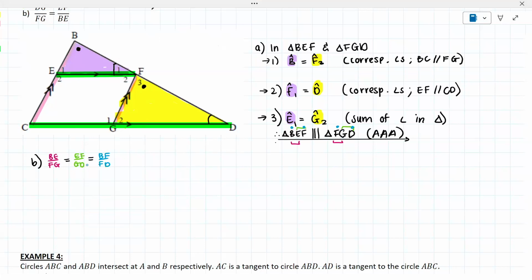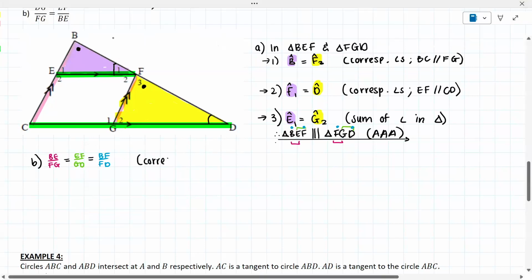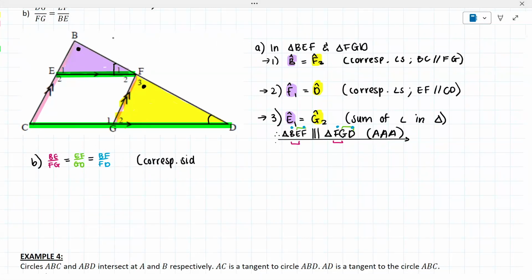We know all of that is true because we've proven similarity, and so we know these are corresponding sides in proportion.